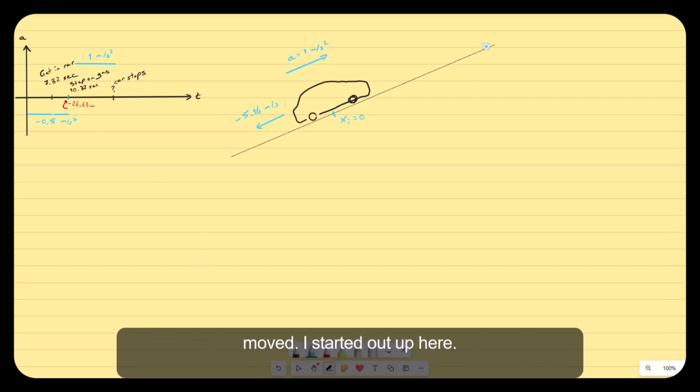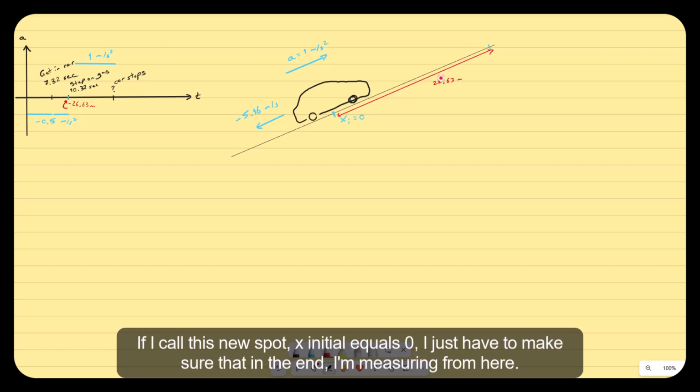I started out up here. So from there to where I am now is 26.63 meters. If I call this new spot x initial equals 0, I just have to make sure that in the end I'm measuring from here.